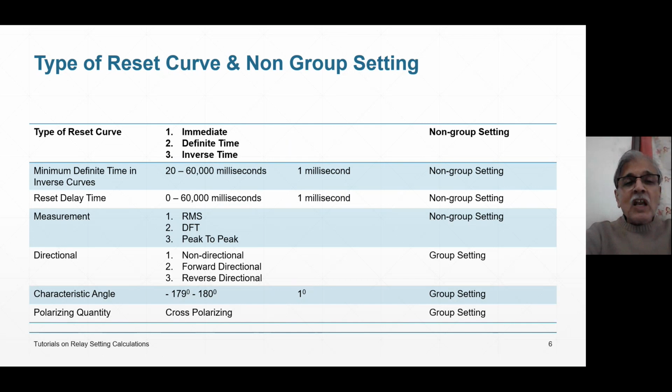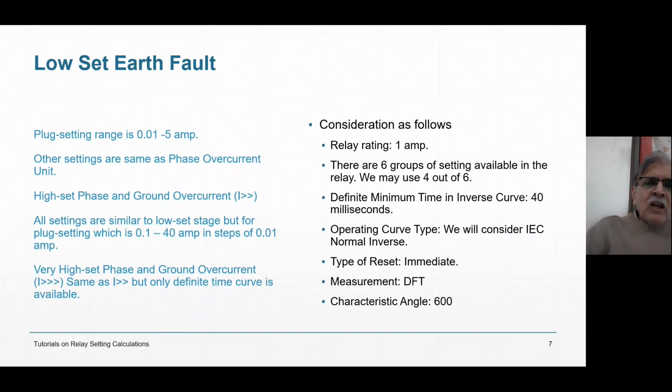So many types of settings are there, not only plug setting and time multiplier setting, and at the most high set instantaneous. Those 3 settings only we have talked about, but here we have to talk about many. No doubt in this particular example we will not talk about everything.